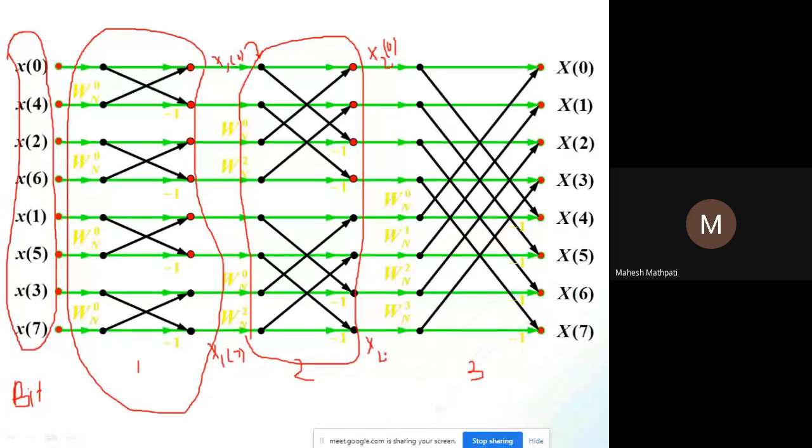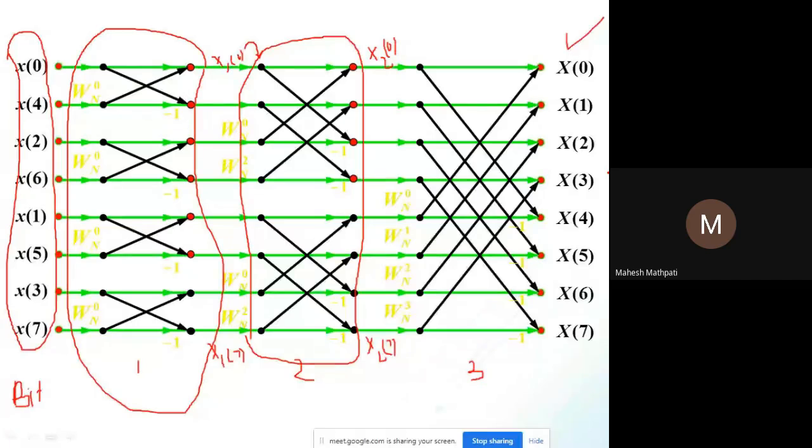This is how we are calculating the second stage output, and finally this second stage output will become the input to the third stage, and we'll write the final values as x of 0, x of 1, x of 2, x of 3 likewise. So this is the procedure of solving the example.